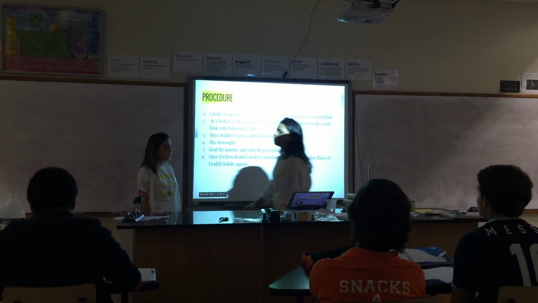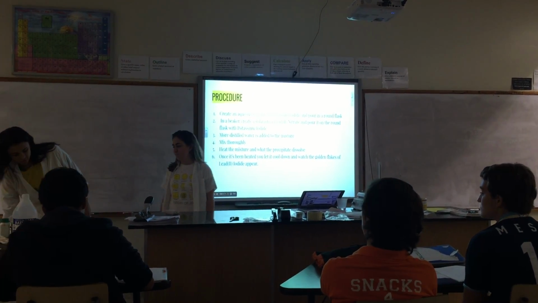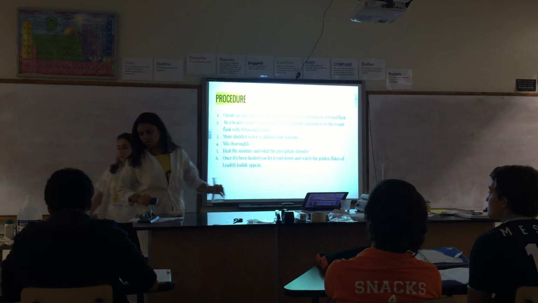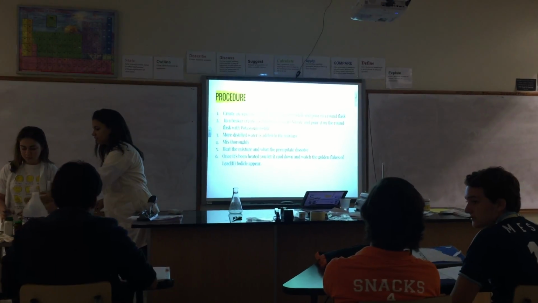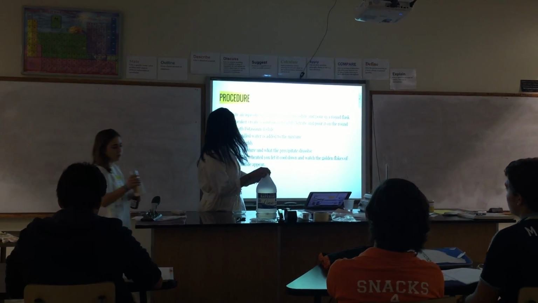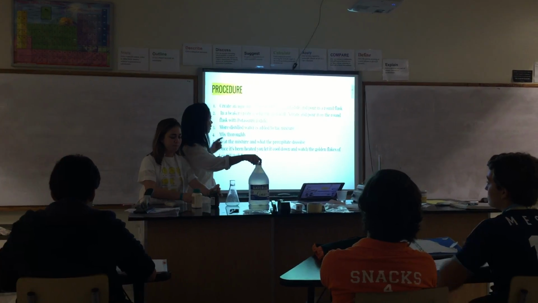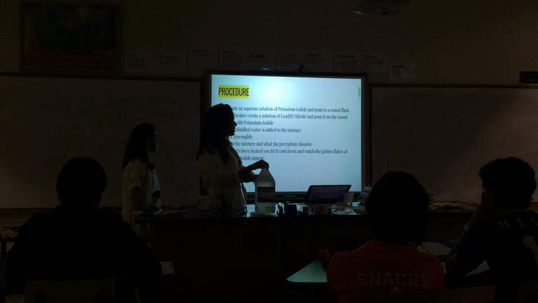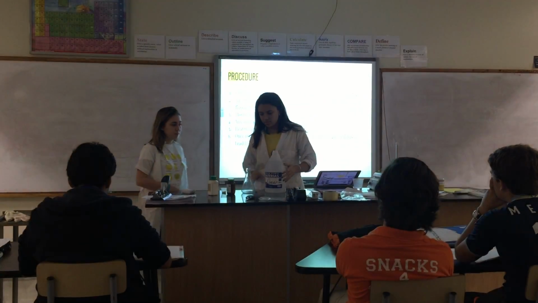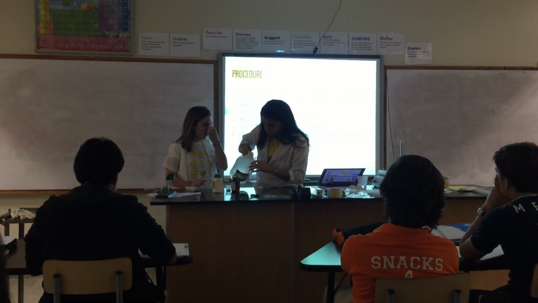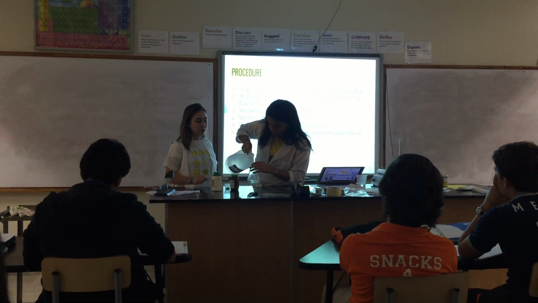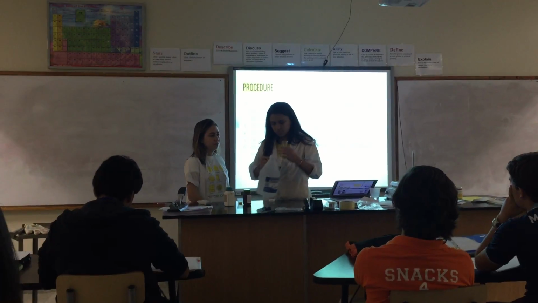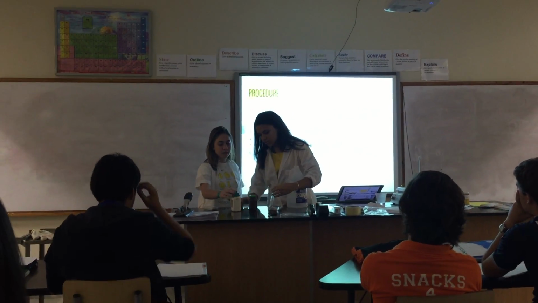Okay, here's the procedure. We're going to be doing the experiment. First, we need to create an aqueous solution of potassium iodide and pour it into a round flask. That's why we use the distilled water to mix it with the potassium iodide and the lead nitrate.